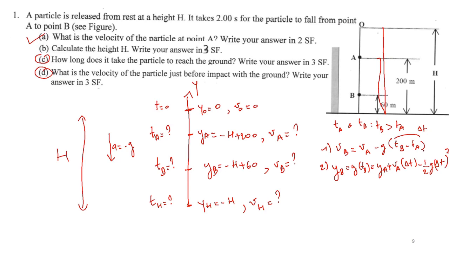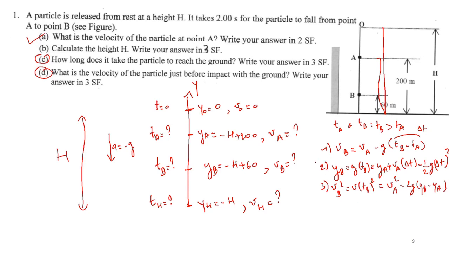And finally, the last equation is VB square, basically V at time B square, is equal to VA square minus 2G, let's say delta Y, or let's say YB minus YA.